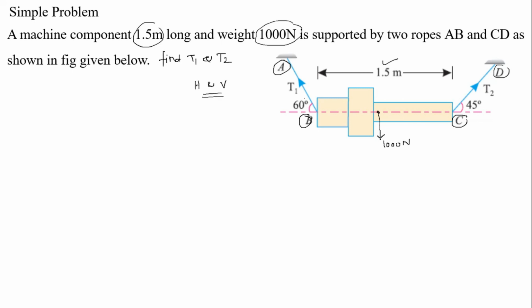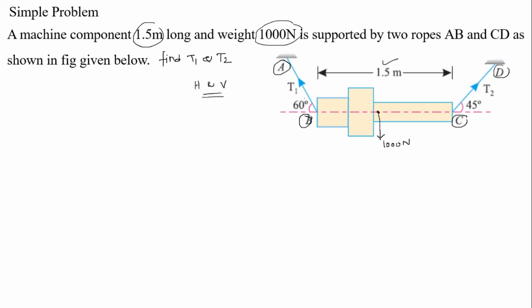Here the ropes AB and CD are both in inclined positions, with 60-degree and 45-degree inclinations. So we have to resolve these two inclined forces into horizontal and vertical components for each rope.